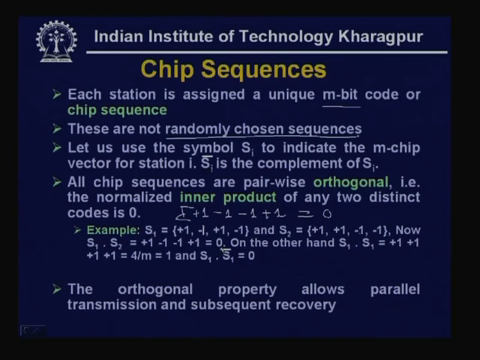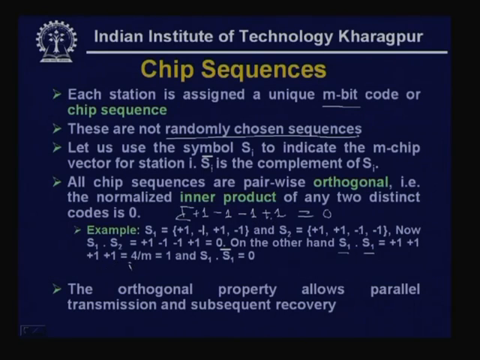That means, if you choose any two distinct codes it will be 0, that means S1 into S2 is 0, S1 into S3 will be 0, S1 into S4 will be 0. On the other hand, if you multiply the same code S1 into S1, plus 1 with plus 1 becomes plus 1, plus 1 with plus 1 becomes plus 1, minus 1 with minus 1 will become plus 1, and so on.